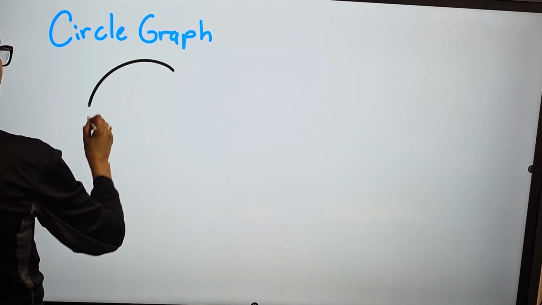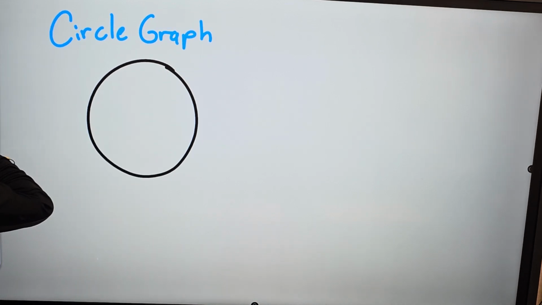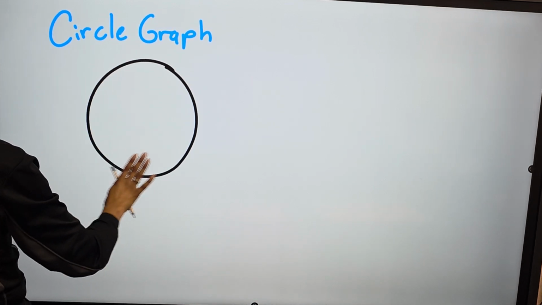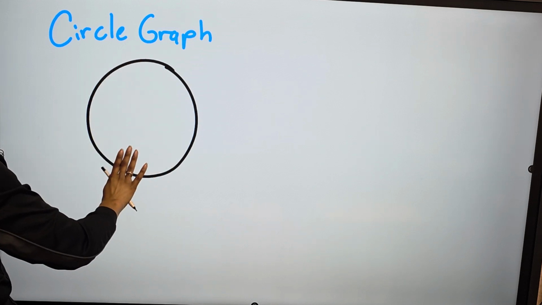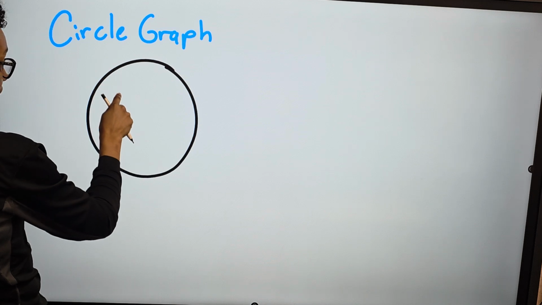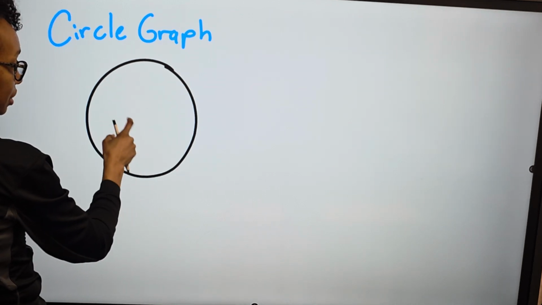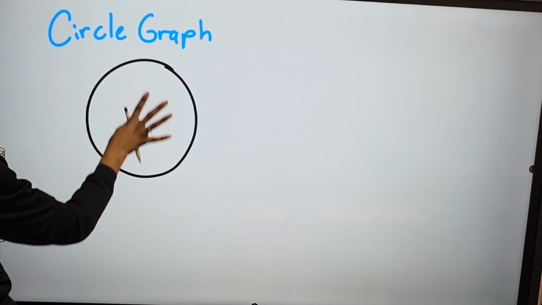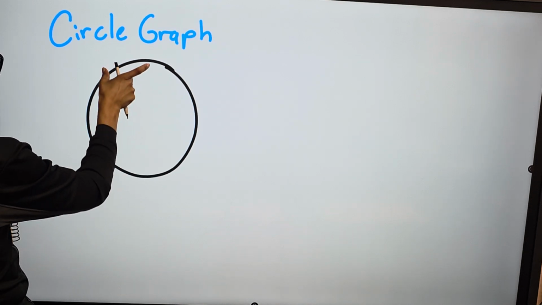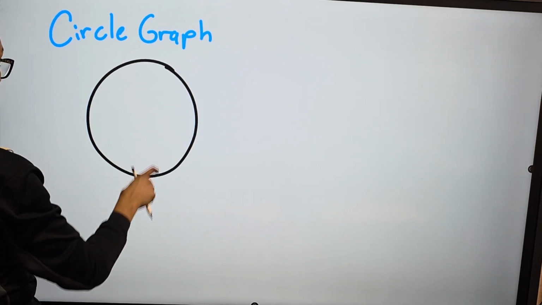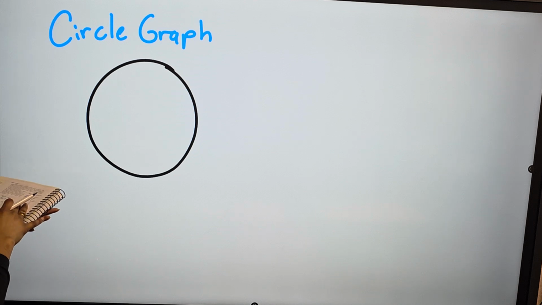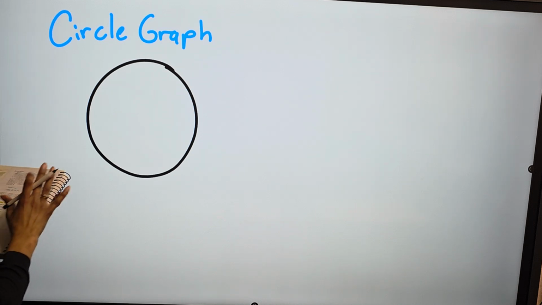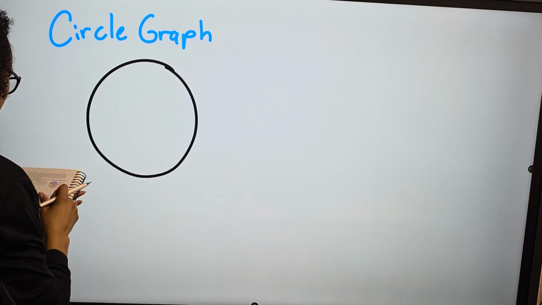We know that a circle graph represents the data in a circular format, where all of this together would be the total number of whatever you're comparing. And the sections or the pieces of the pie, if this was a pie, would represent the portion that came from that category. So on page 420, they have an example of one.